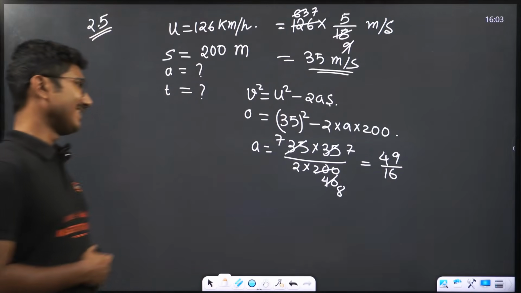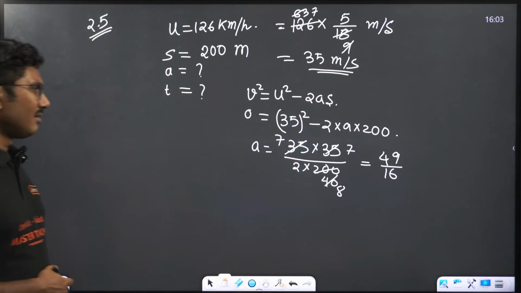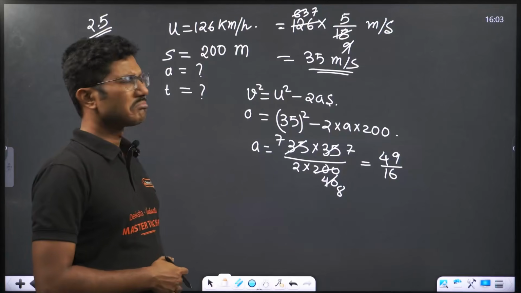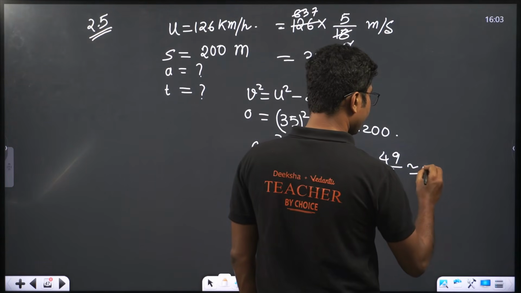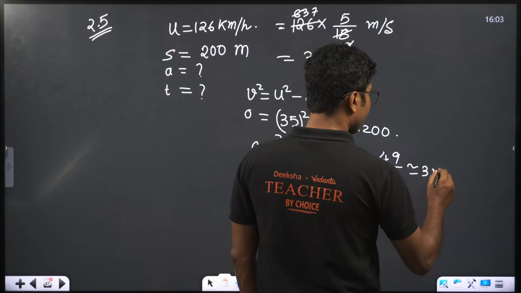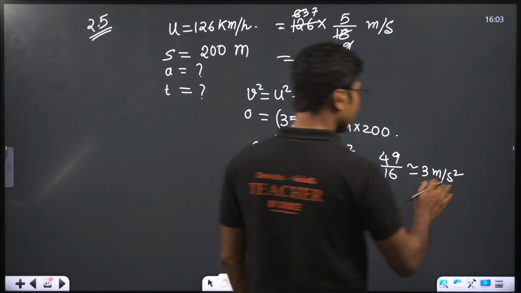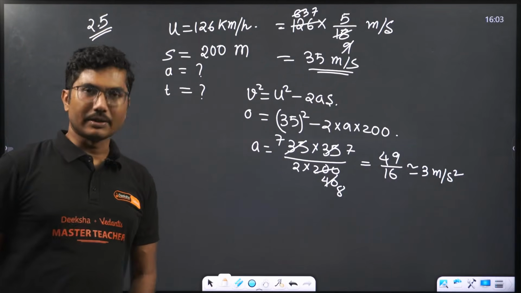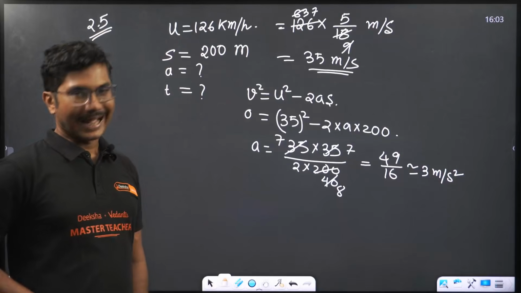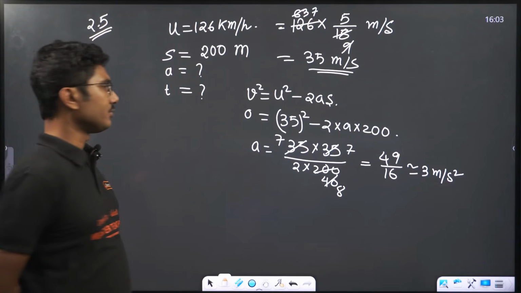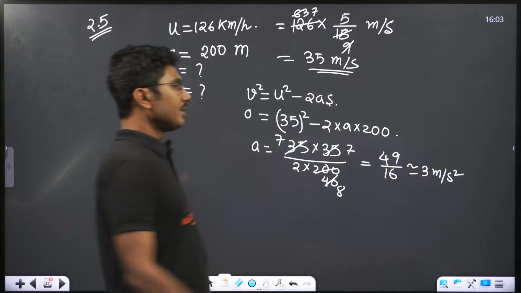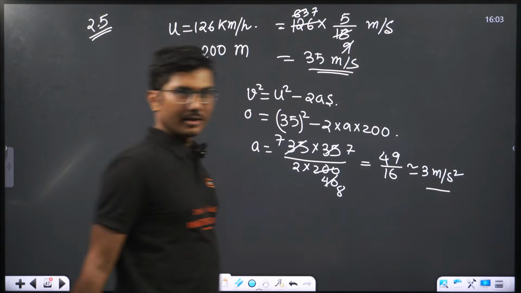It will be approximately 3 meter per second square, slightly more than 3. 16 3s are 48, here it is 49, which is very close to 3. So it will be 3 meter per second square, very closely. If it is a competitive exam, they will give you 3 meter per second square, of course.